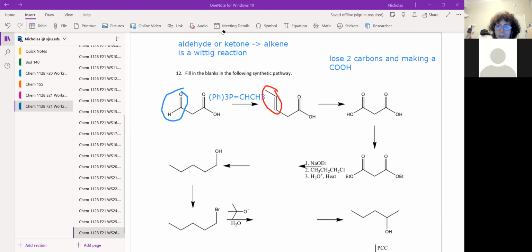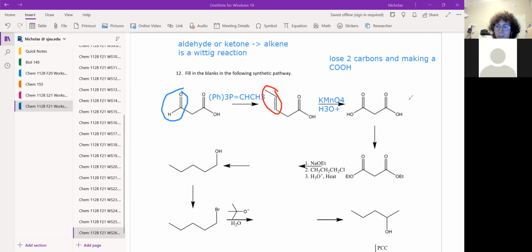This is important just because you've seen KMnO4 in multiple contexts, so the conditions you use with it will slightly change how it behaves. But if you want to cleave an alkene with KMnO4, this is how you do it.